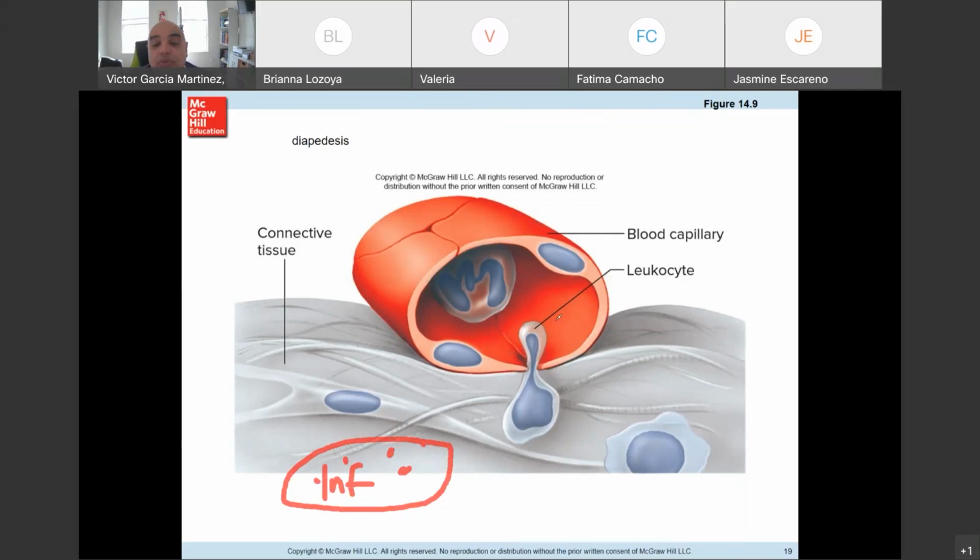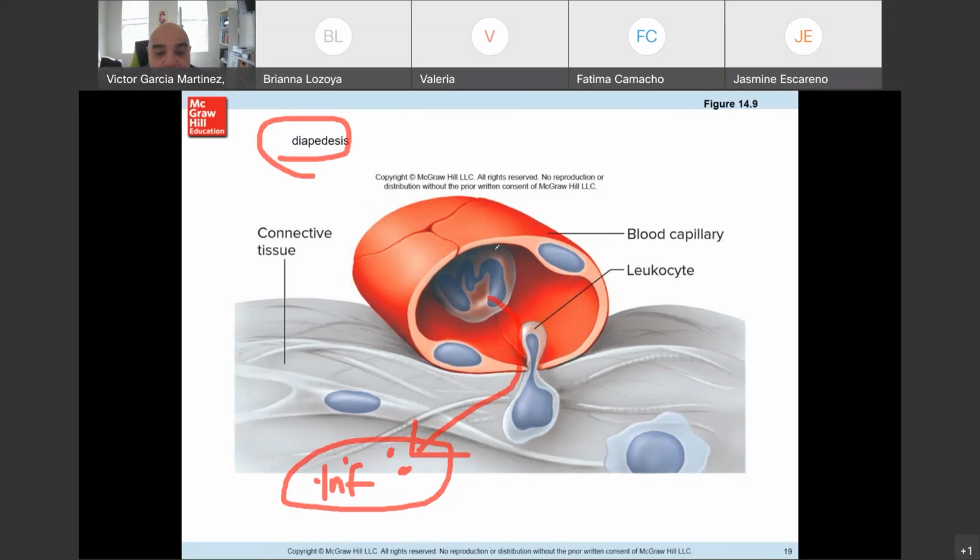Then they need to cross from the blood vessels into the tissue. This function of crossing, going through those blood vessels, is called diapedesis. Diapedesis is the property of a white blood cell to go through the wall of the blood vessels.